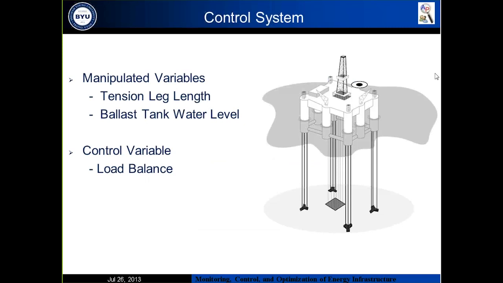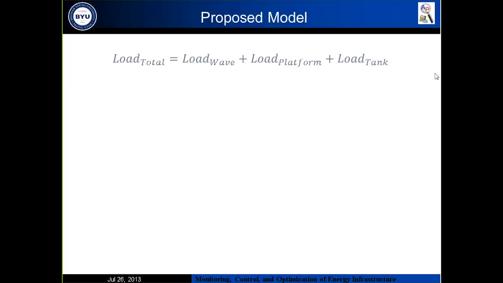For my control variable, it will be the balance of all the loads and also the angle of the platform. My disturbance variable will be the wave action, because it can be measured. This is the model that I've proposed, but in future, if I can find a better model, I will replace it. So far, I think this can capture the dynamics.